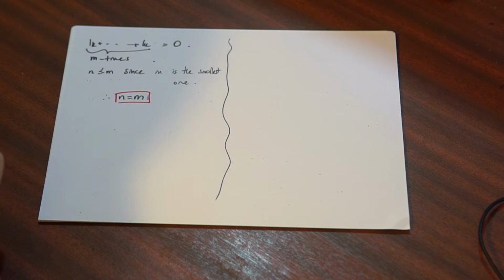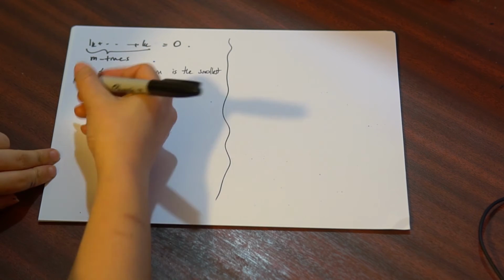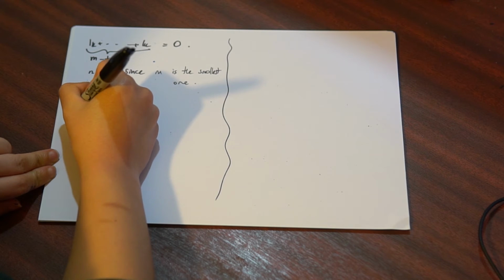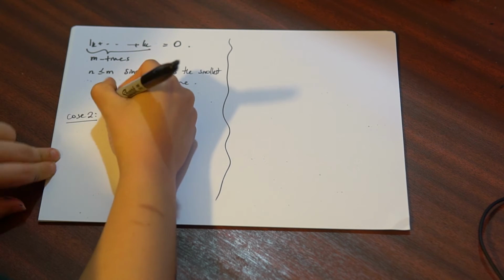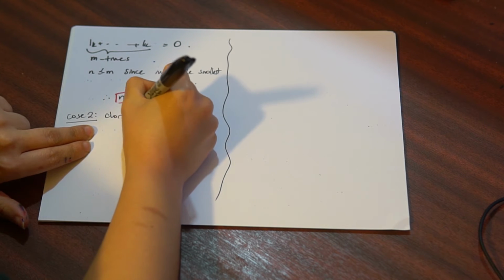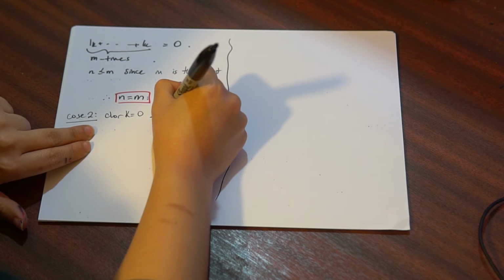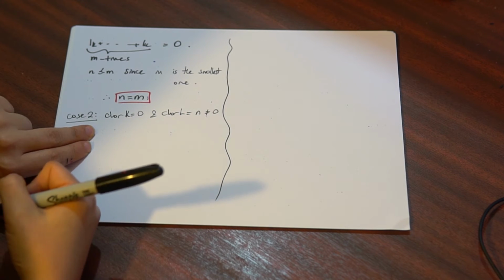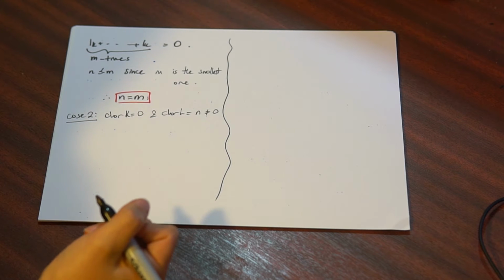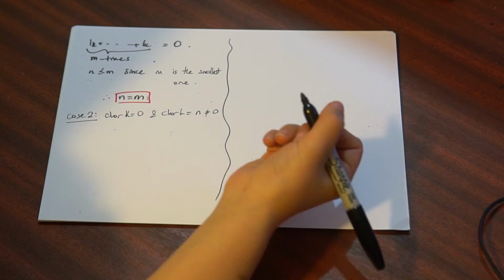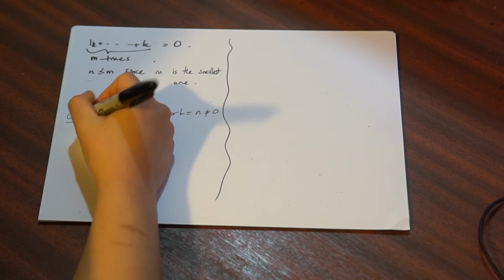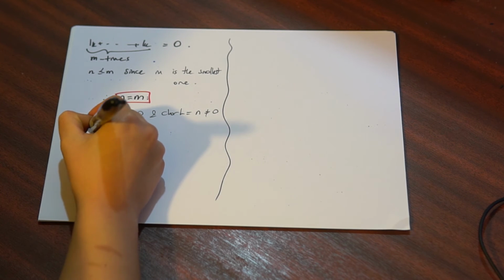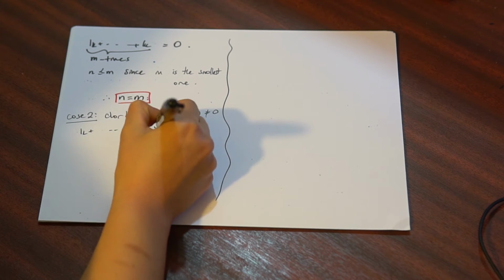Now let's assume case 2: characteristic of k is equal to 0 and characteristic of L is equal to n, not equal to 0. Then we will have that 1_L plus ... plus 1_L, n times, is equal to 0, right?